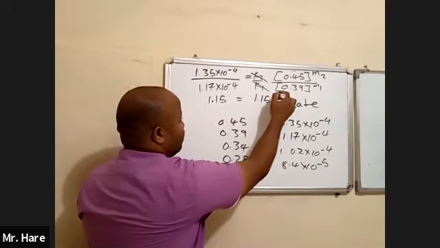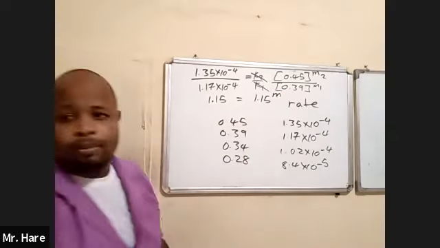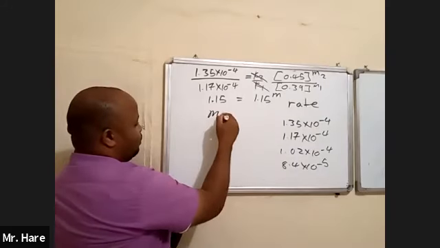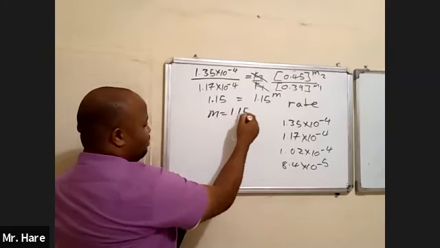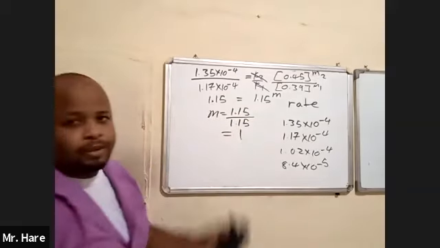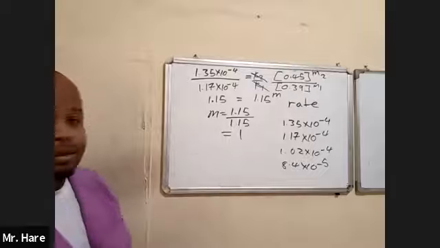Sir, I got 1.11 for the rate. Sir, I got the same 1.15. All right, 1.15, right? Raised to the power of m. And then you would say m is equal to 1.15 divided by... so it is first order. Understand? Yes, sir.